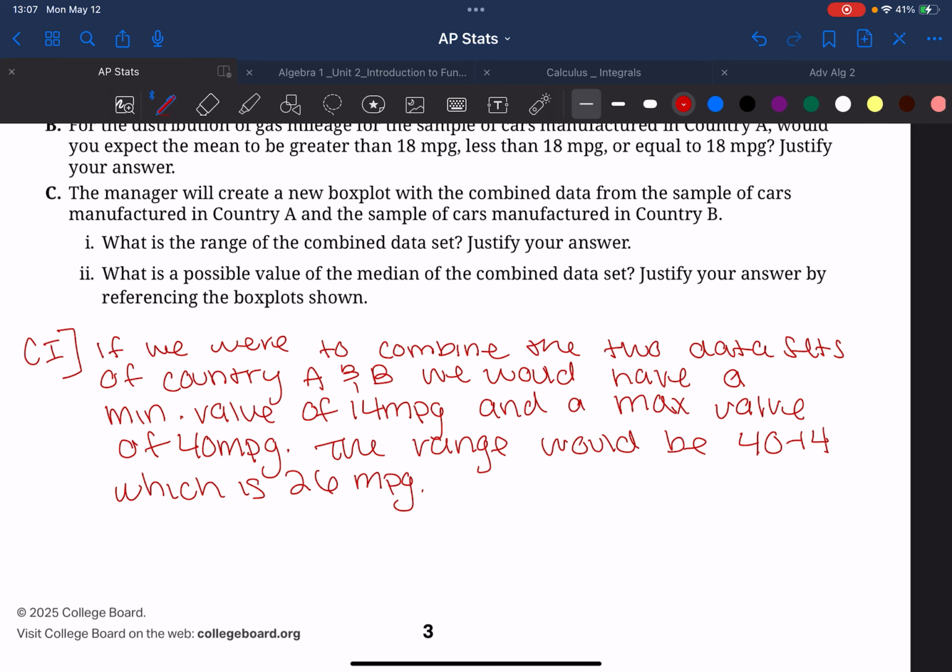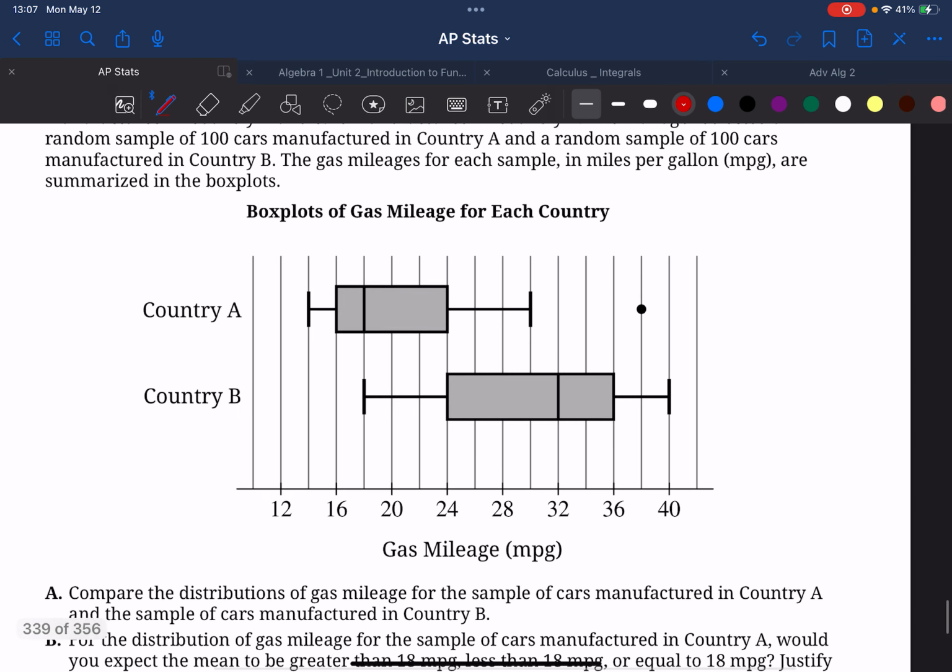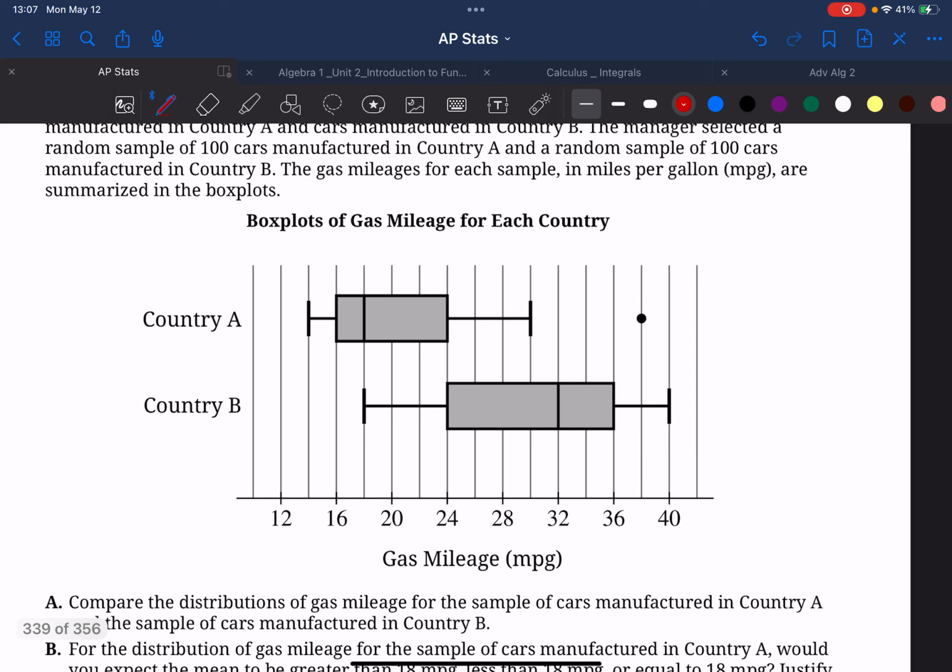The way I answered this was going back up to the box plots here, and I'm just looking at the smallest value on the entire data set. That would be the minimum for country A, which is 14, and then it would be the maximum for country B, which is 40.